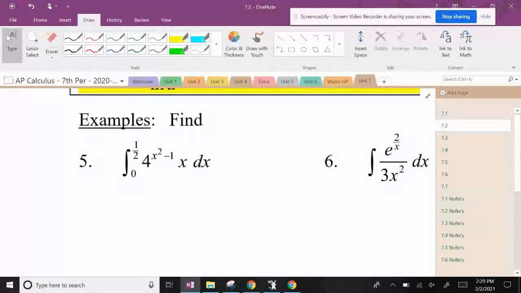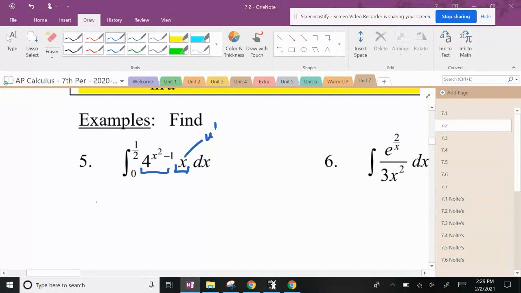For this one, remember that this little piece is the piece that we're waiting for to cancel out. It's like the derivative of our prime, or u prime. So we're going to start by integrating this 4 to the x squared minus 1. This is our u prime, the hook-on factor, as they call it.